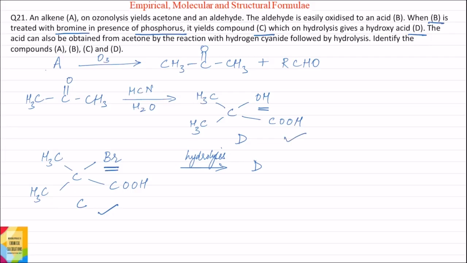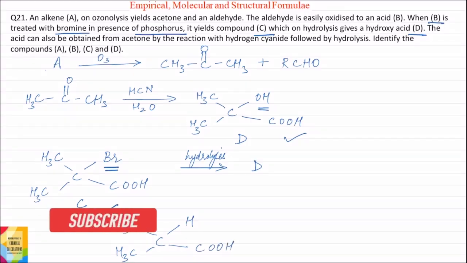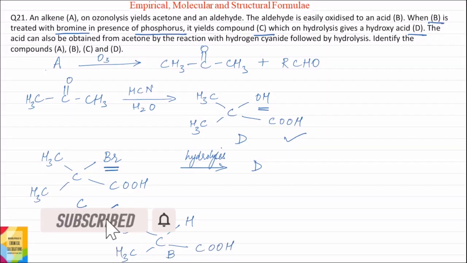Now the structure of B. B when treated with bromine in the presence of phosphorus gives C. Therefore the structure of B will be CH3, C, CH3, H, COOH. So this is the structure of B. Now as can be seen, this compound B contains an alpha hydrogen.